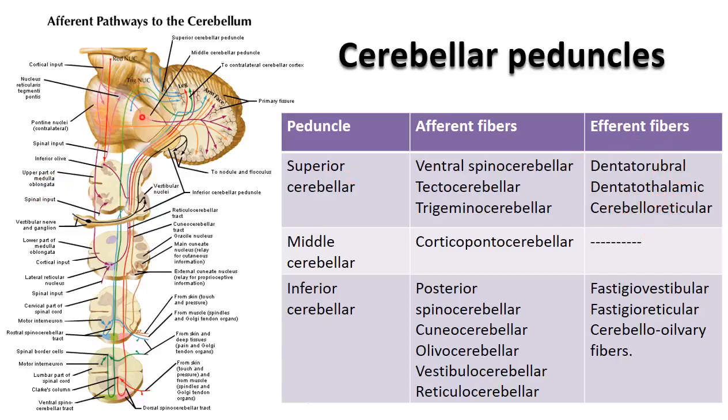Middle cerebellar peduncle: mainly fibers from the pons, pontocerebellar, from the pontine nuclei. So cerebral cortex to the pons, pons to cerebellum via the pontocerebellar pathway.